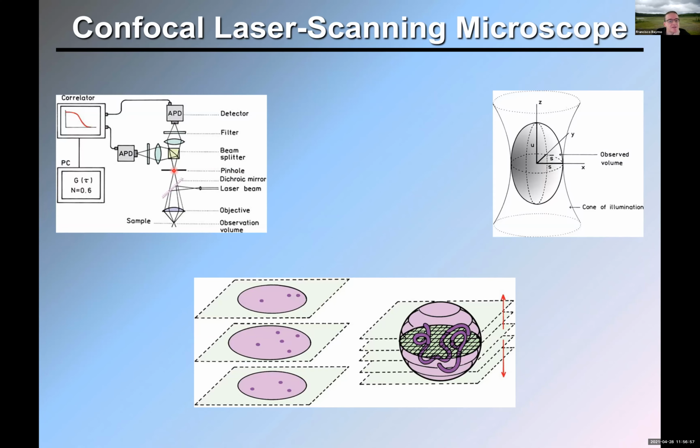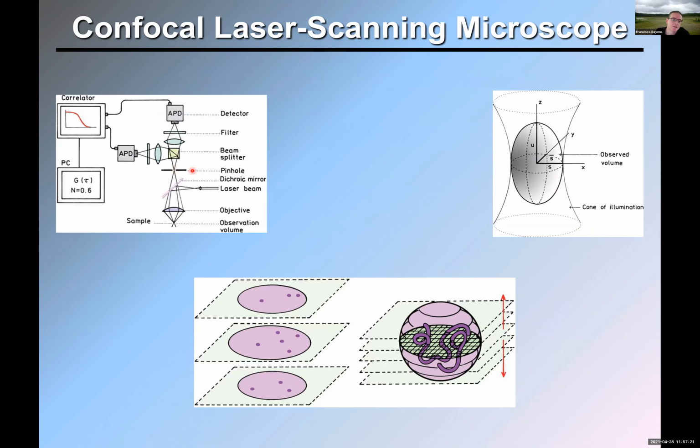And if you can squeeze that hole down, so you can make it really small, what happens is that the fluorescence that is above and below the focal plane is eliminated. So in other words, by making this hole really small, you can squeeze fluorescence in the vertical direction. So you can take a very thin slice of the sample.